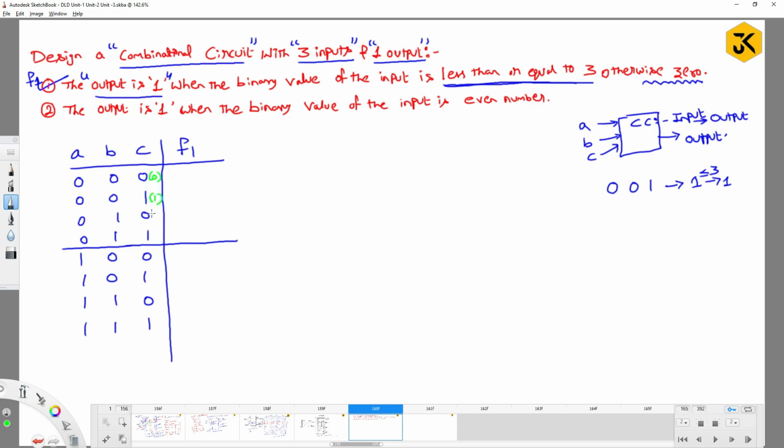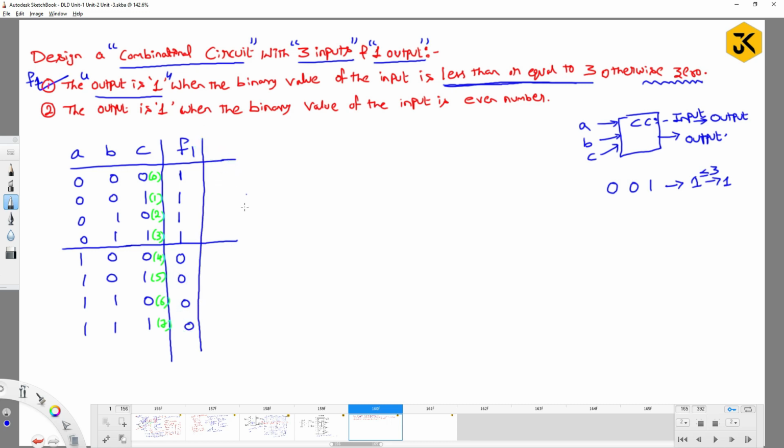This value is 1, this value is 2, this value is 3, and 4, 5, 6 and 7, right? According to the question, here you have to place 1 as 0 is less than or equal to 3. Here also you have to place 1, here also 1, here also 1, because it is less than or equal to 3. But coming to the decimal value 4, it is greater than 3. So I have to place its value as 0. This is their first requirement.